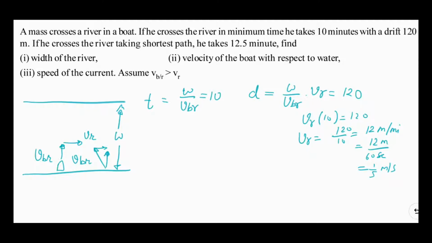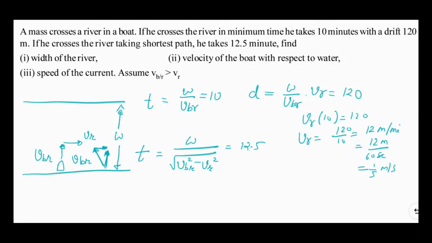In that case, the time to cross can be written as width of the river divided by velocity in this direction. This direction velocity can be written, by Pythagoras theorem, as root over VBR square minus VR square. And this time is known to us as 12.5 minutes.